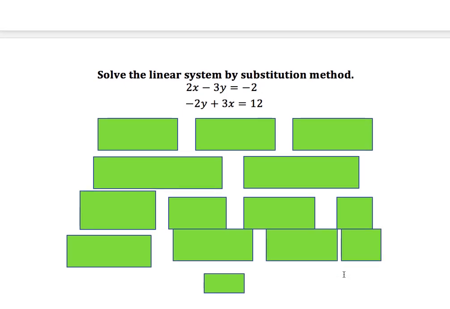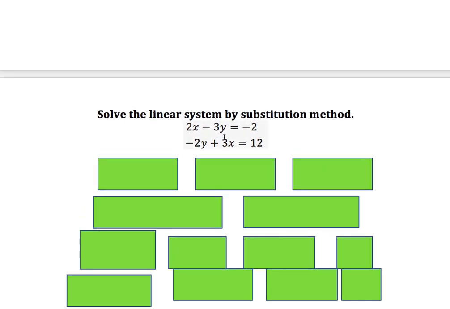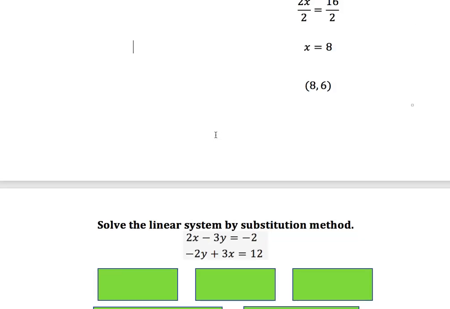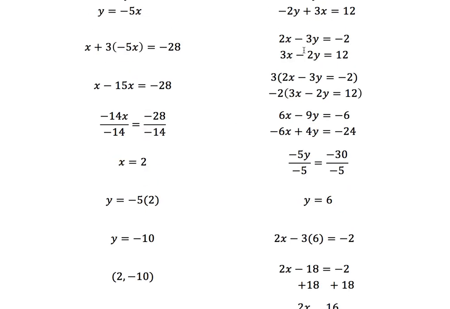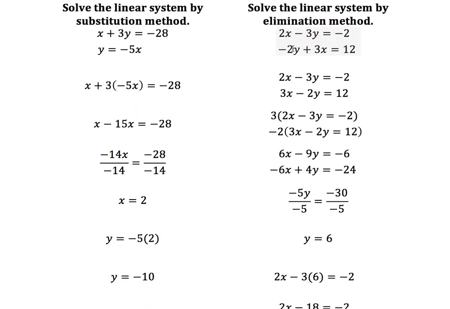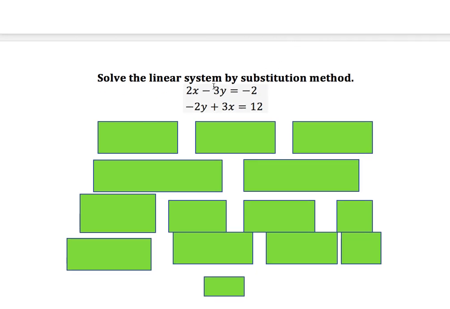All right, now, same exact system of equations that I had way up here, but this time I'm going to solve this linear system by the substitution method. In this case, I have to take one of my equations and solve for one of my variables.